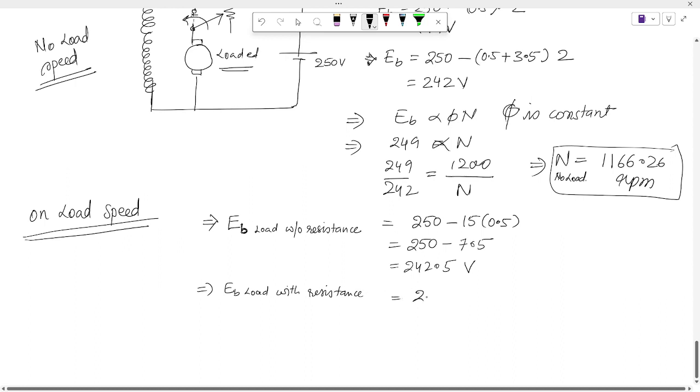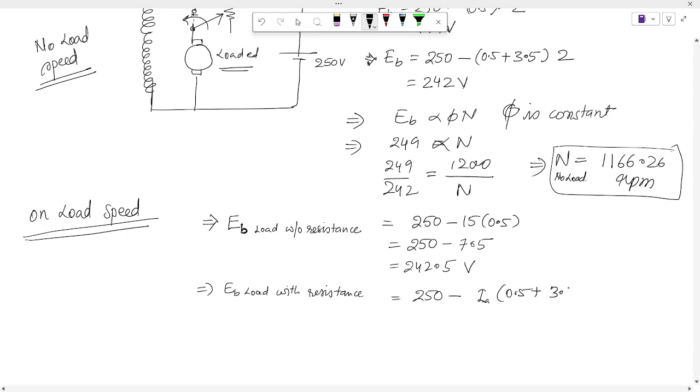Now EB with load with resistance, what will it become? 250 minus Ia into 4. Let me be very specific: this is 0.5 plus R external, that is 3.5.